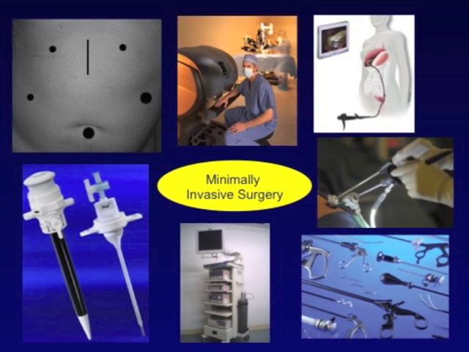Trocars, or these tubes, as seen in the lower left-hand portion of the slide here, are placed through these small incisions into the abdomen, and then the abdomen is inflated with gas. And this provides working room within which instruments, such as the ones in the lower right hand of this slide, can be inserted into the abdomen and the operation can be performed.